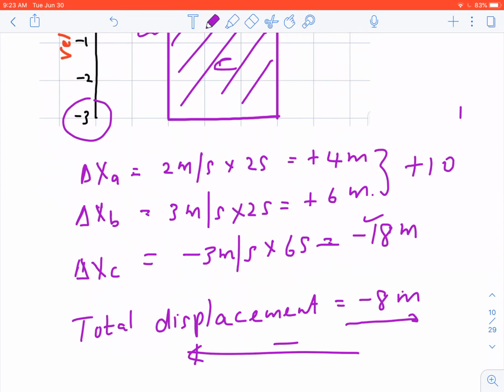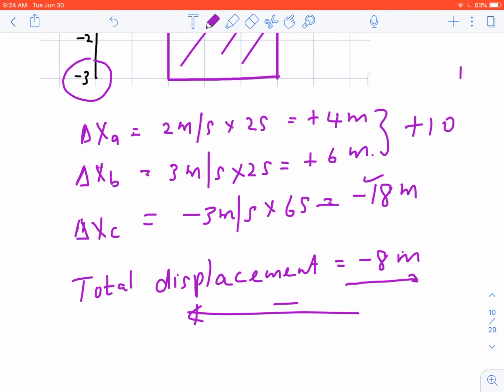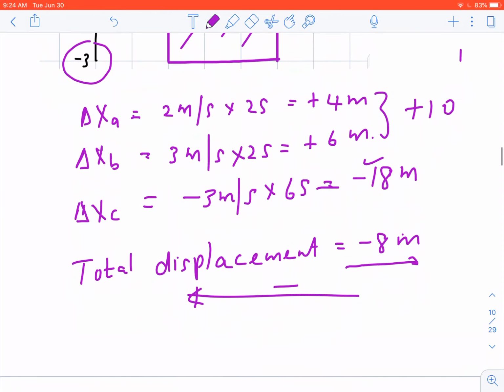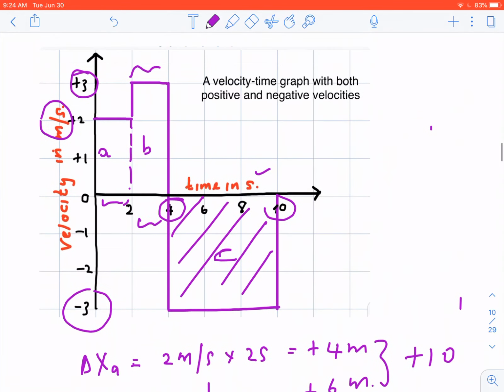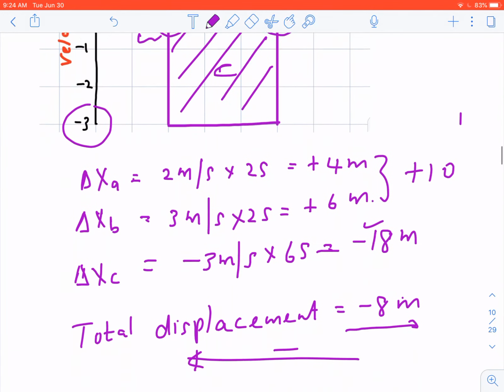It's only giving you an indication of the direction of the displacement from the point where it started. It doesn't give you the position, and that is important. In order to know exactly where this object or particle is, we need to be given the initial positions. Alright, so there you have that.